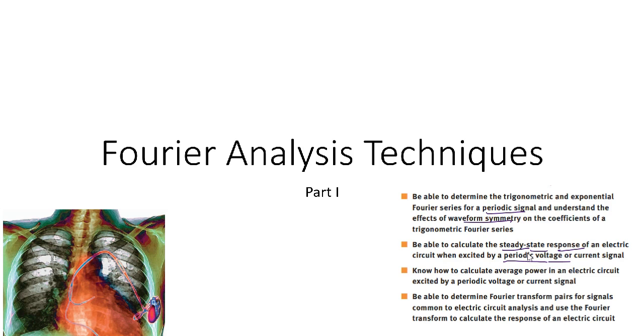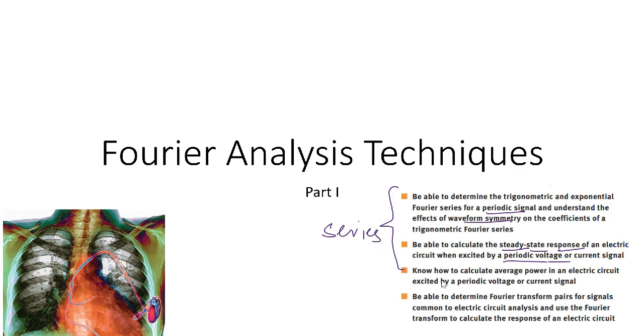This current and voltage are all periodic. So everything is good and cool. We will also calculate the average power of an electric circuit excited by some periodic voltage and current. So these are all for Fourier series.